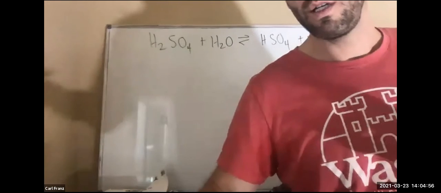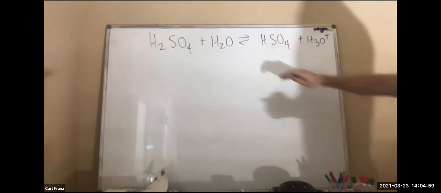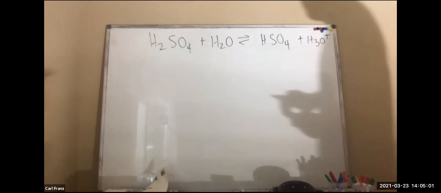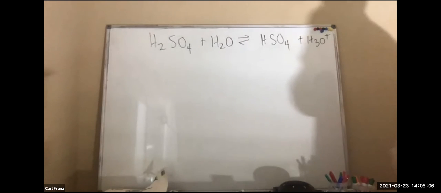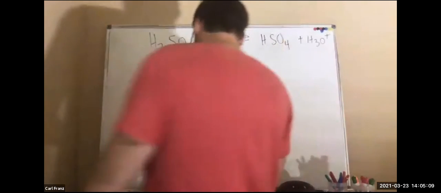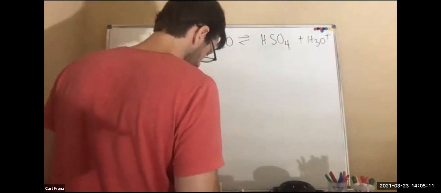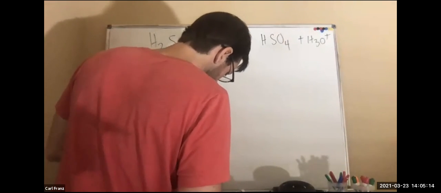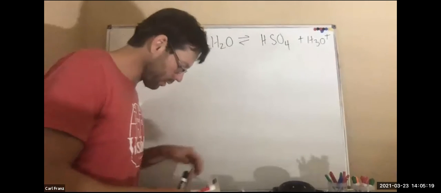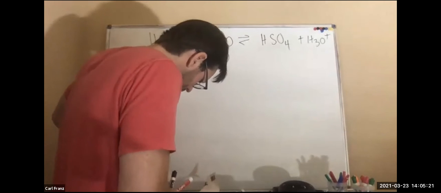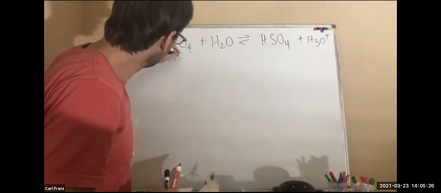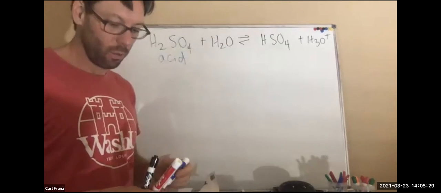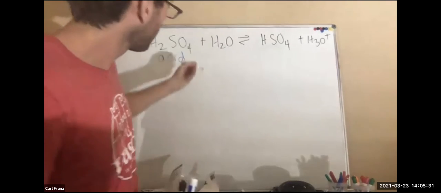So, any guesses on what is the acid on the reactant side? H2SO4. Yeah, it's sulfuric acid. It's a strong acid, as a matter of fact. So this is an acid. And if that's an acid, then water in this case is a base.